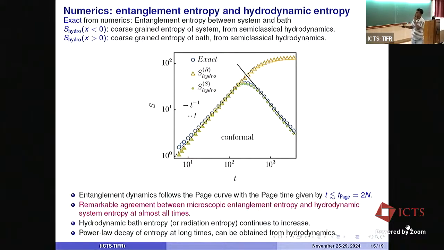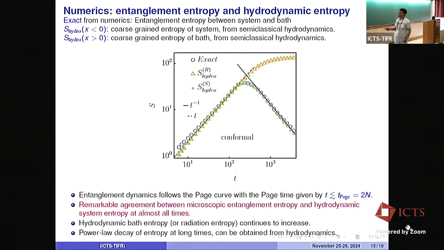Then we have the reservoir entropy, also calculated from hydrodynamics, which at short times agrees perfectly with the system entropy, but at long times it keeps increasing. So here you see something very different: the reservoir entropy does not follow the entanglement entropy, but keeps increasing with time.